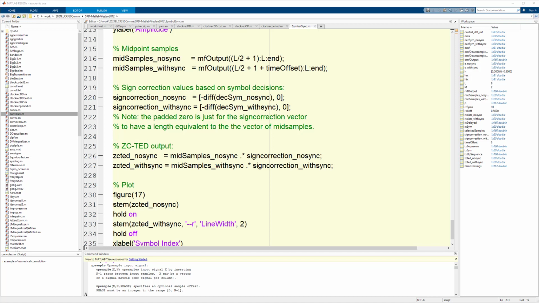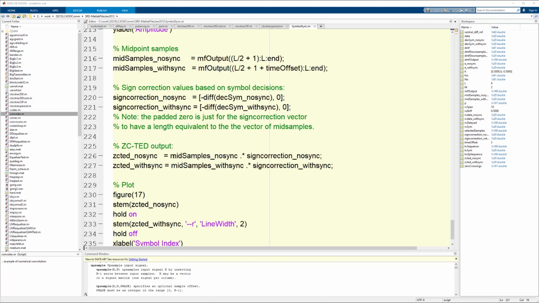This is called the sign of the corrected picked sample, with no synchronization and with synchronization. Then the zero crossing time error detector output is the middle sample output times the sign of correction, which tells me whether I have a rising curve or falling curve.